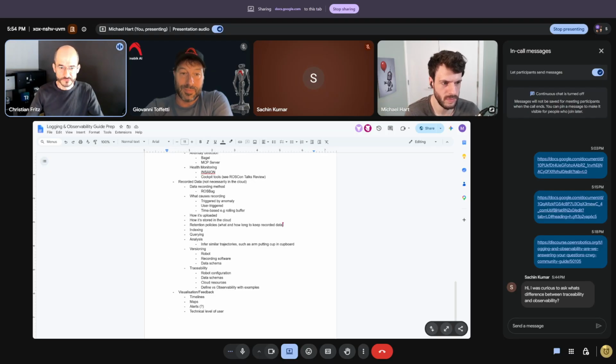One thing that I often decry about the robotics industry is that there's a lot of people acting based on a lack of knowledge of what they don't know. They think, oh, well, we need something for logging and observability. I've heard people use Prometheus and Grafana for logging and observability. So let's just do that. And this guide, I think, nicely reflects how that is totally incomplete, right? There's so many more dimensions along which you even need to think about this before you can get to the tool point.